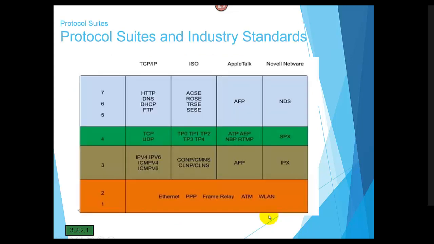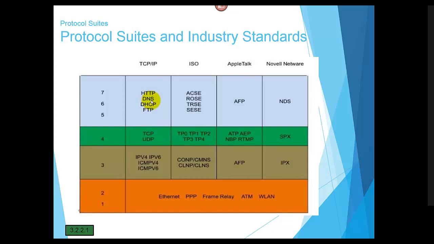Protocol suites and industry standards. The one on the left is one that you'll become very familiar with. This is the TCP/IP protocol suite. When you think of layer 7, HTTP, layer 7 is the end user layer where it's presented in a format a human can see and understand. DNS, domain name server. Again, when I go to Google, I type in google.com.